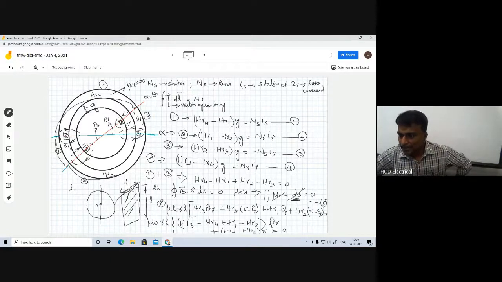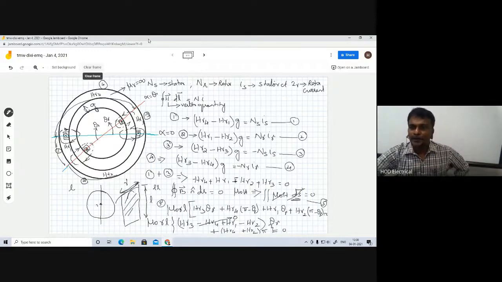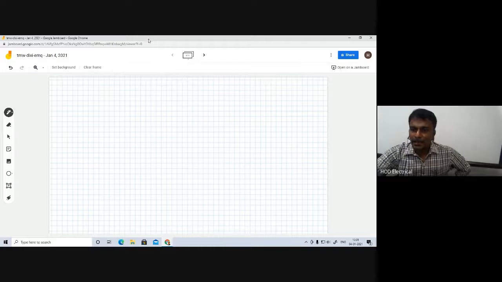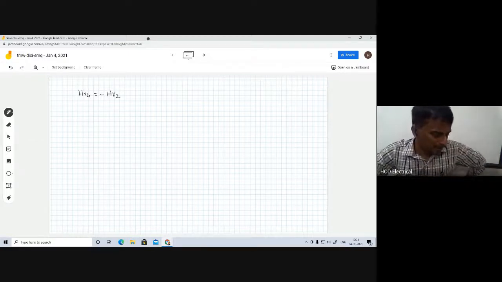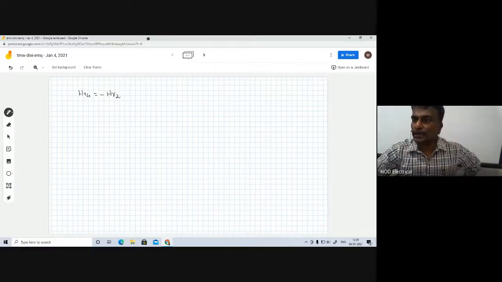So accordingly, when we write it, we will have this HR4. If you multiply with minus, you will get minus in this case and plus in this case. So this entire component in the equation will be 0. So finally, we will end up with this equation: HR4 equal to minus HR2.